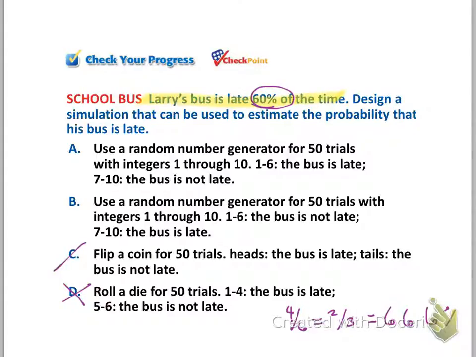And hopefully you said no to flipping a coin, because that's 50-50. We need 60%. Looking at a random number generator for 50 trials with integers 1 through 10, 1 through 6 the bus is not late. No, we need 1 through 6 the bus is late. So letter A is the correct answer.